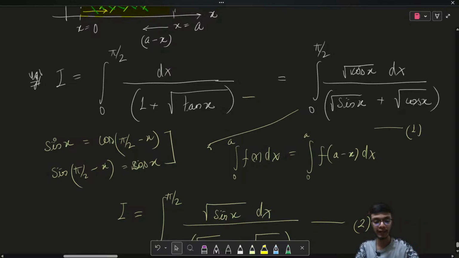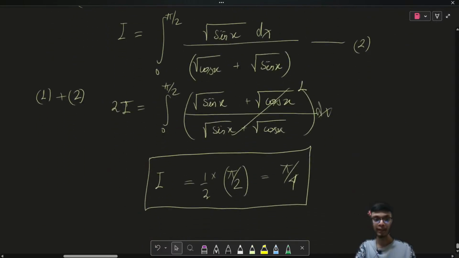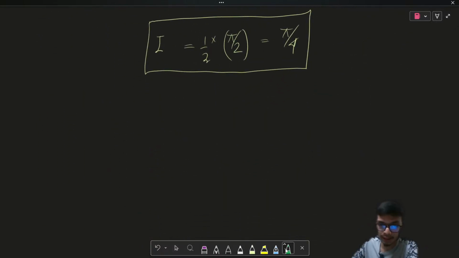With this particular idea, I would like to give you some homework questions to practice so that you can try to solve them on your own, and you can see how easy it is, by using this King's property, you can solve almost all ranges of questions. So let me give you the homework problems. The first homework problem is: integrate 0 to pi by 2 natural log of tan x dx.